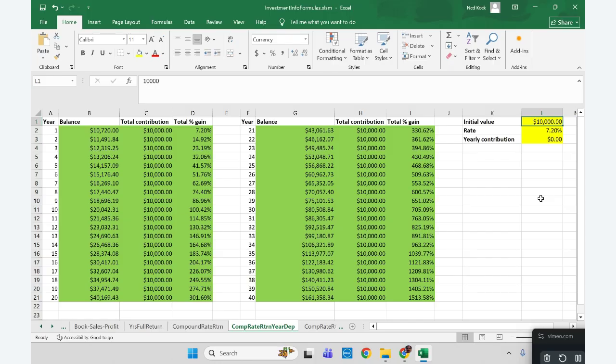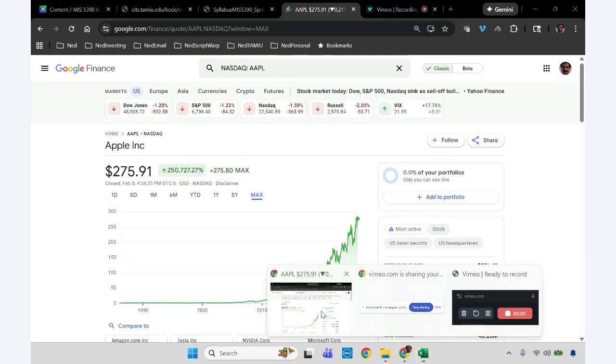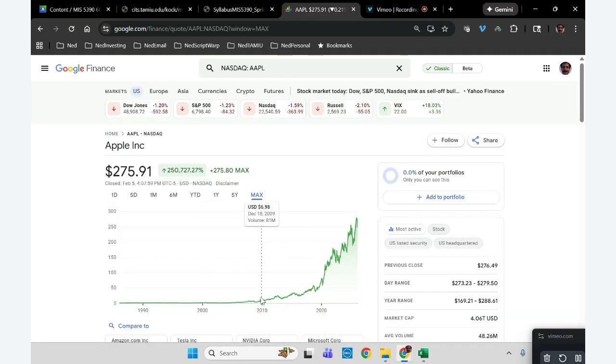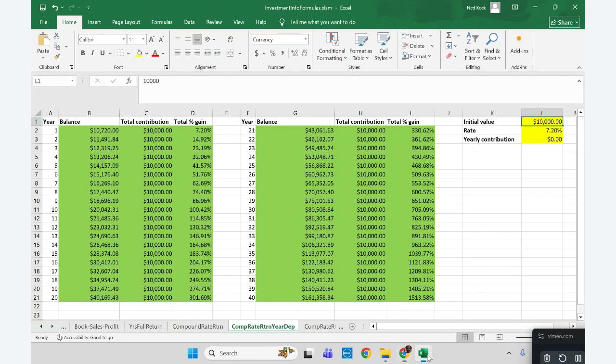Apple is quite unique, particularly in this period that goes, say, from early 2000s to now, in that it has compounded way more than the market. But let me show you one interesting thing here. So 10,000 invested early on. After 20 years, you have 40,000.